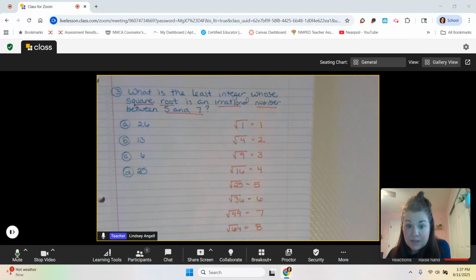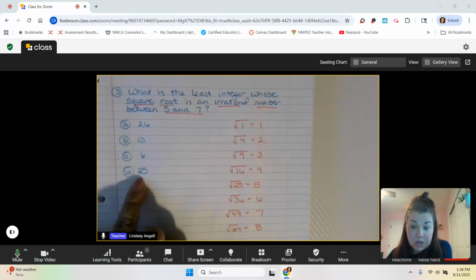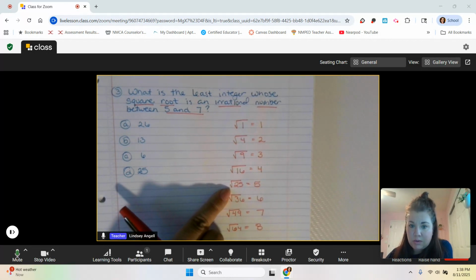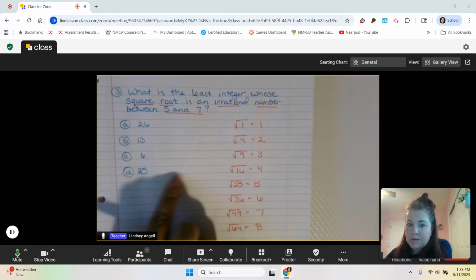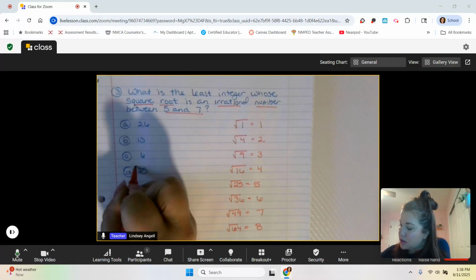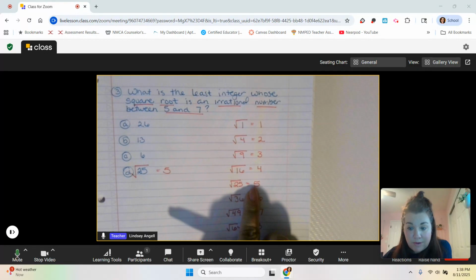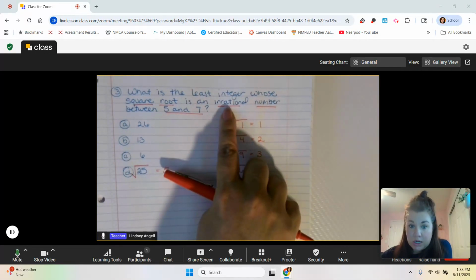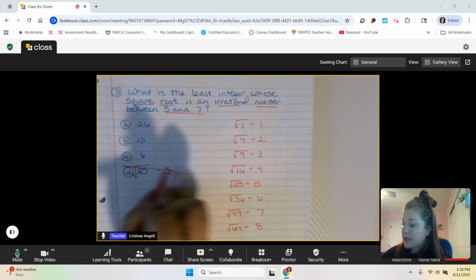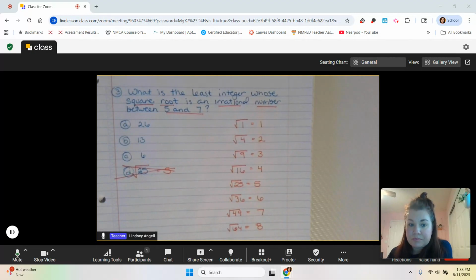Okay, so let's start with one thing that we know. Let's look at D. I'm going to start there today because, look at that, it's a perfect square, which means it's rational. The square root of 25 is equal to 5, which is a rational number. So it's not an irrational number, so I know that D cannot be my answer.